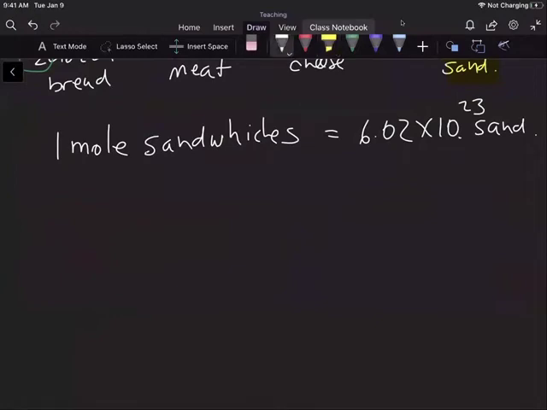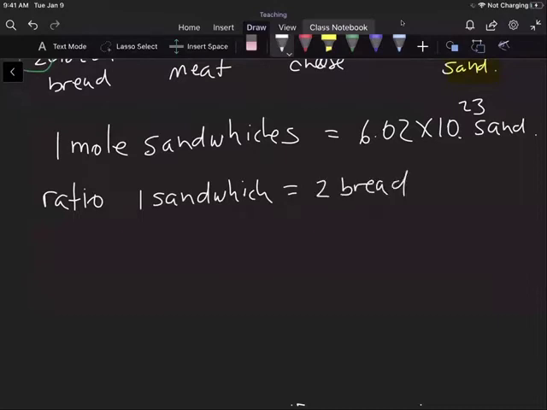So the ratio is 1 sandwich is equal to 2 bread. 1 sandwich is equal to 3 meat. 1 sandwich is equal to 1 cheese. Okay, those ratios stay the same.